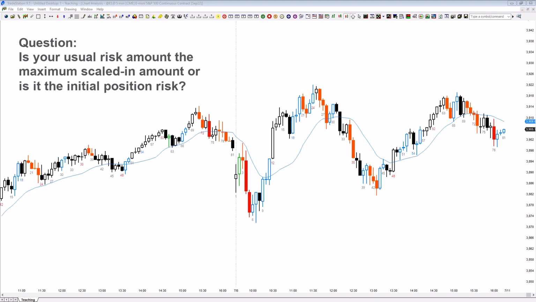Okay, so it depends really on the situation. For example, if you're going into a trade knowing that you have better odds if you are scaling in, then the position size for that very first entry is going to be even smaller. It also depends on your entire strategy. For example, are you going to allow yourself to scale in or not?